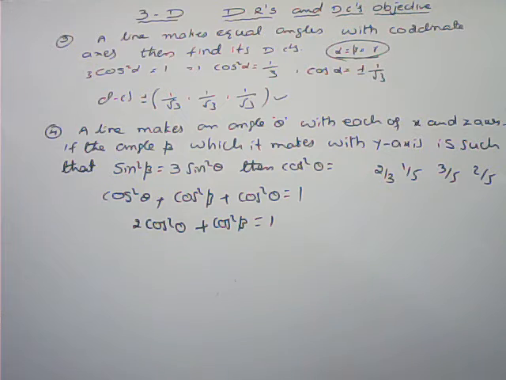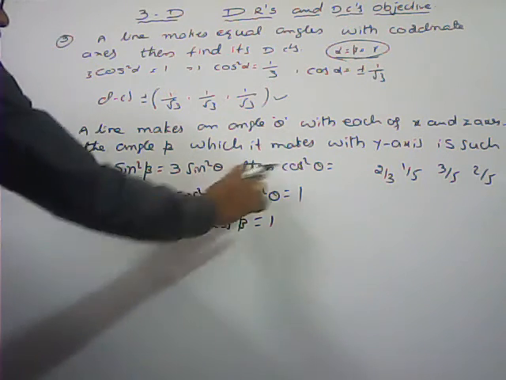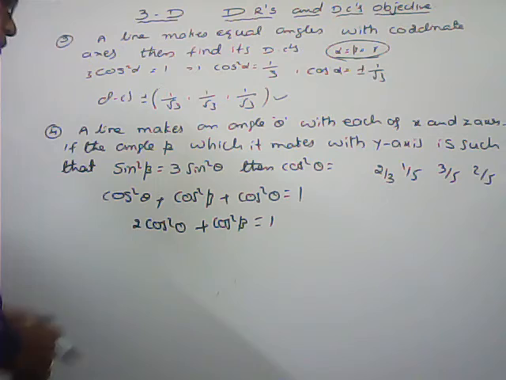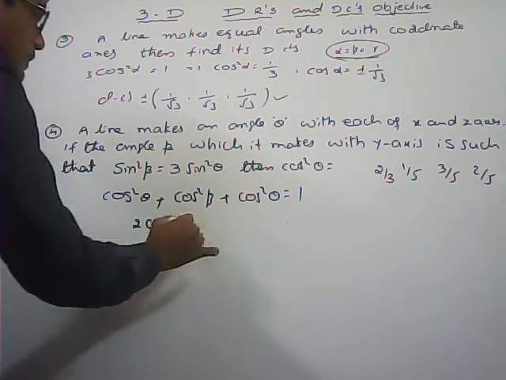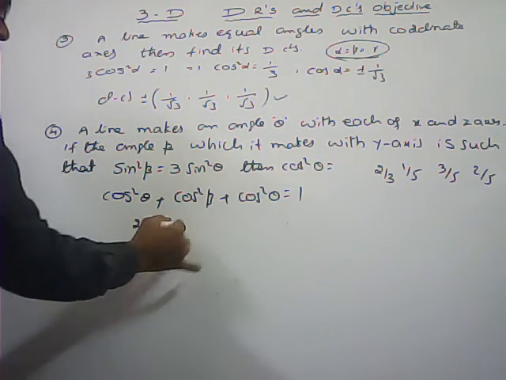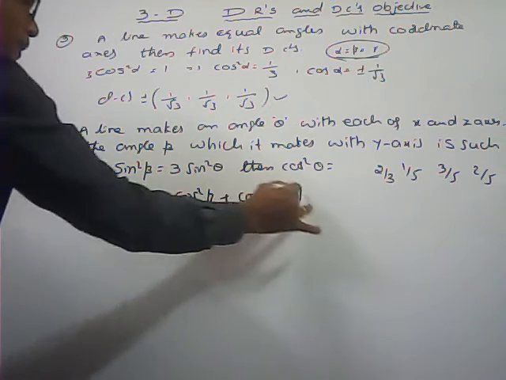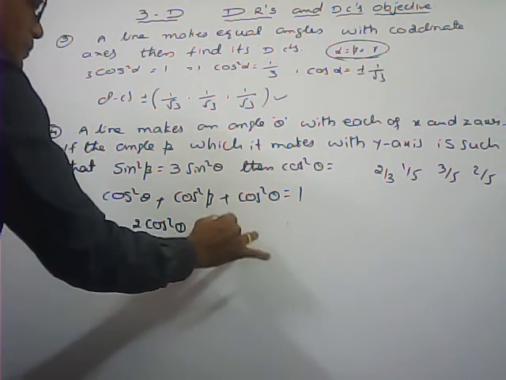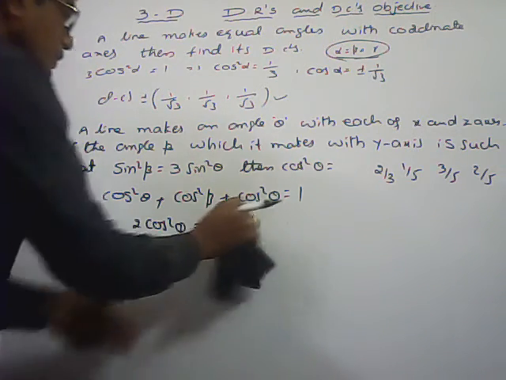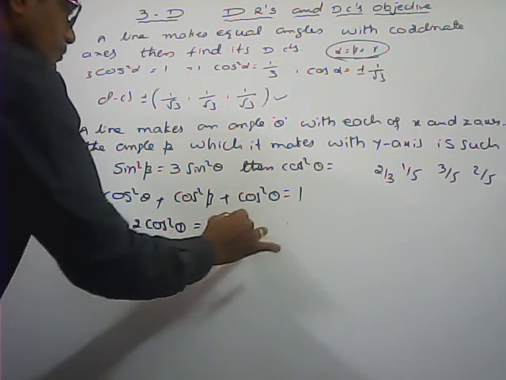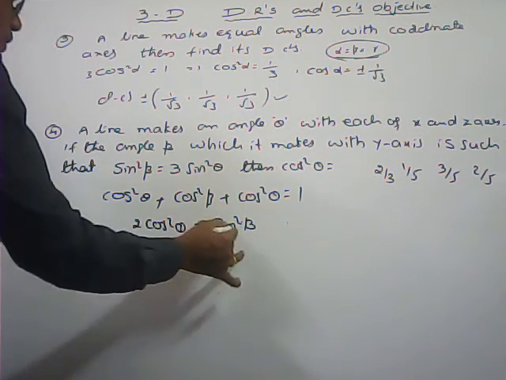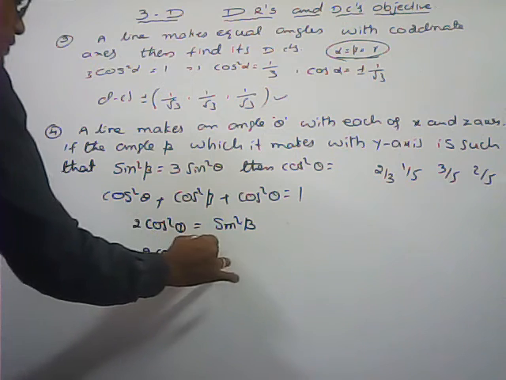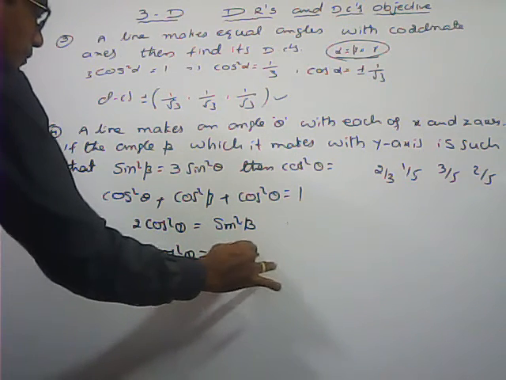Now what are they asking? Here we have to remove that beta. We want only cos square theta. Cos square beta we can transpose to that side: 2 cos square theta is equal to 1 minus cos square beta, which we can write as sin square beta. So 2 cos square theta is equal to sin square beta, and the relation given is sin square beta is equal to 3 sin square theta.